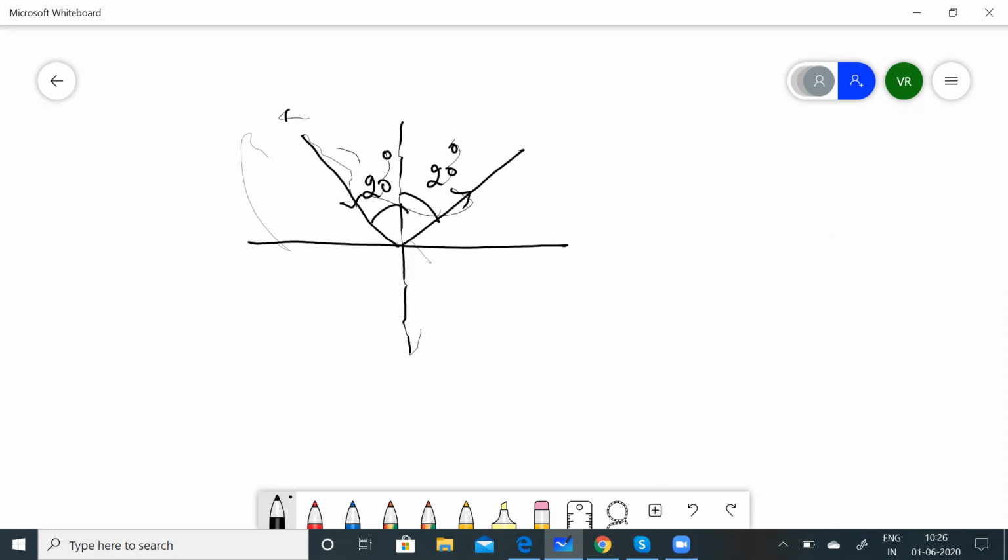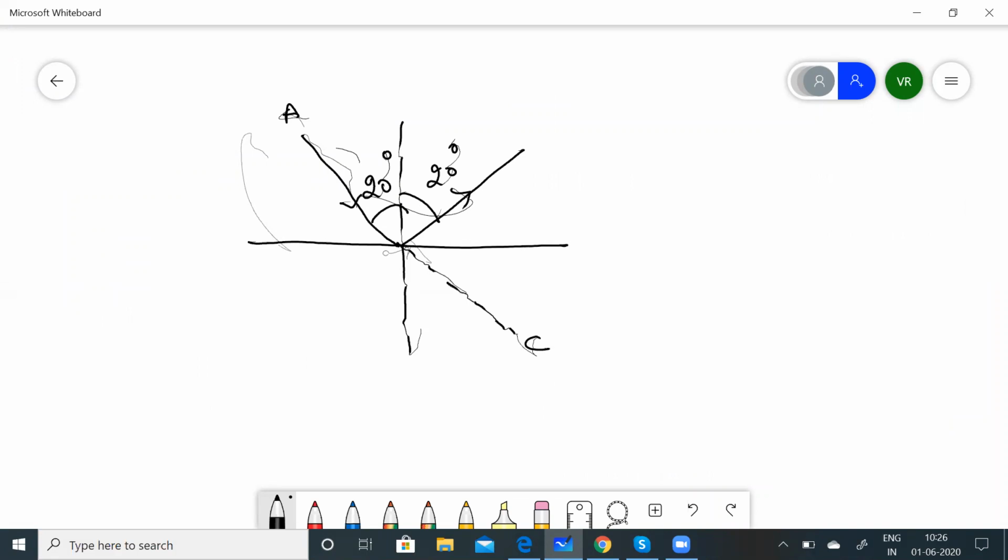Let this be A. Had it not undergone reflection, it would come along this line AC. So the original path of light should have been AC if it had not undergone reflection. So the reflected ray is now deviated from its original path by, let us say, delta.